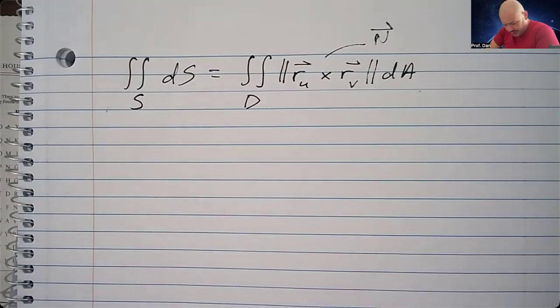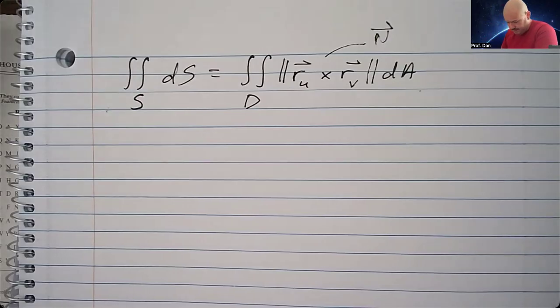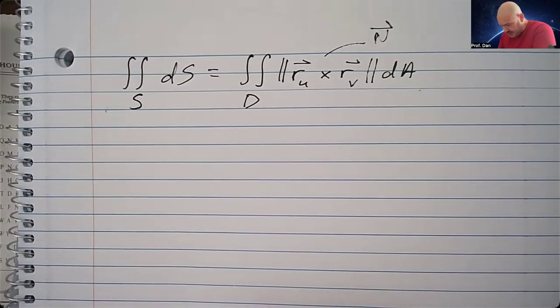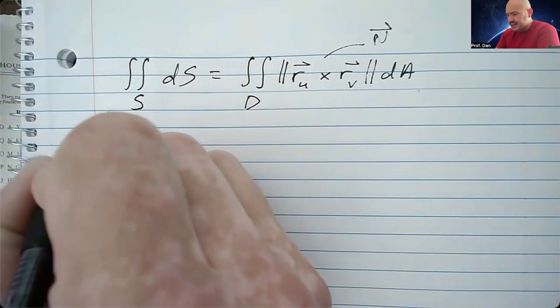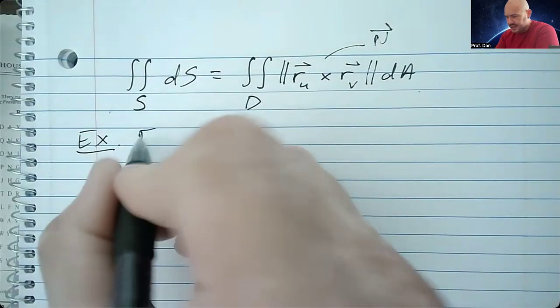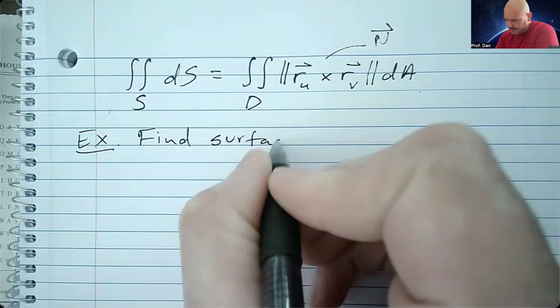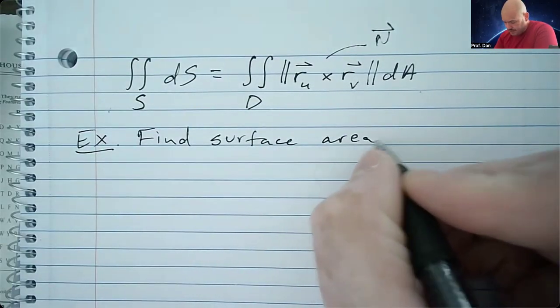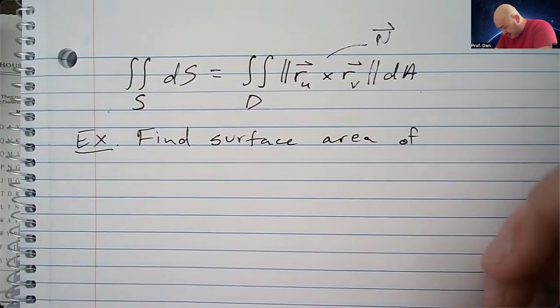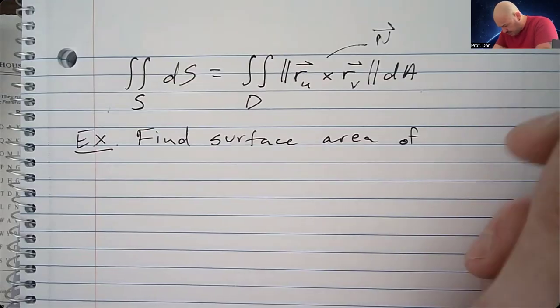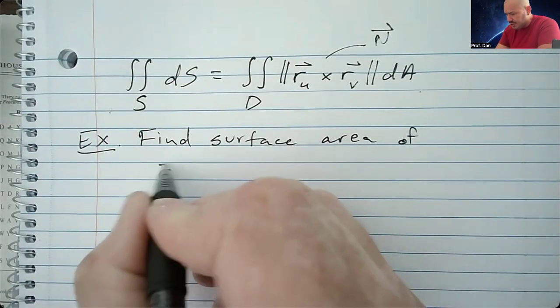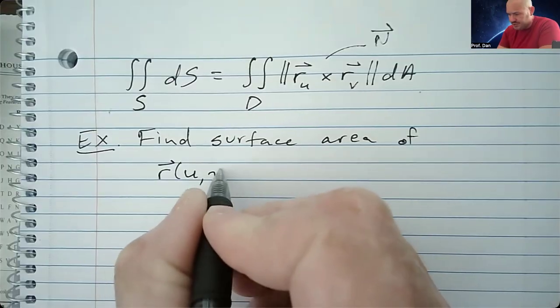And if we look at the next example, let's say they want us to find the surface area of a unit sphere. And they give us r in terms of the parameters u and v.